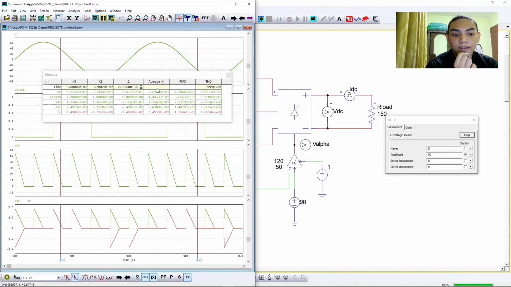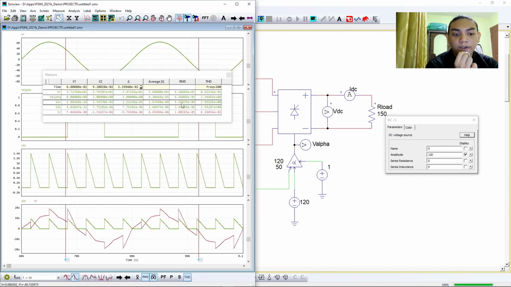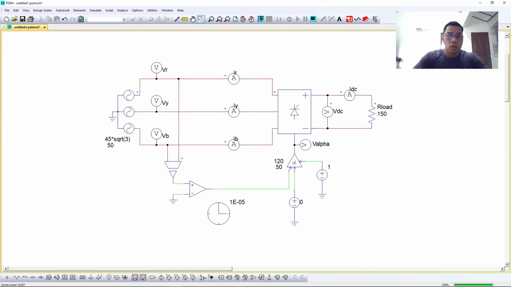The value of VDC average is 13.5450. And lastly, firing angle equal to 120. The value of VDC average is 0.003646.